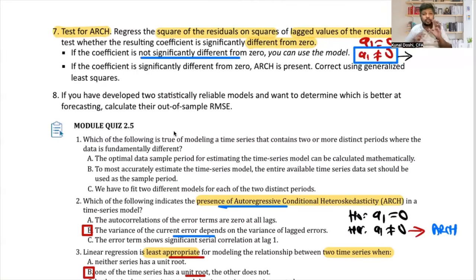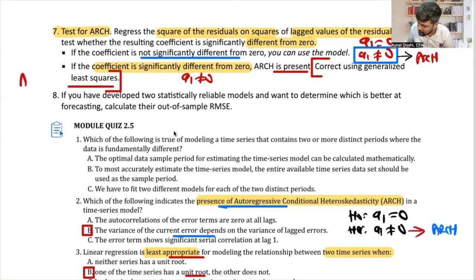But if A1 is not equal to 0, that means there is an ARCH. Means the current variance is related to the previous variance. If the coefficient is significantly different from 0, which means A1 is not equal to 0, then there is an ARCH present, and we correct it, instead of using least squares, by using the ARCH model. So we use the ARCH model to predict the future variance.